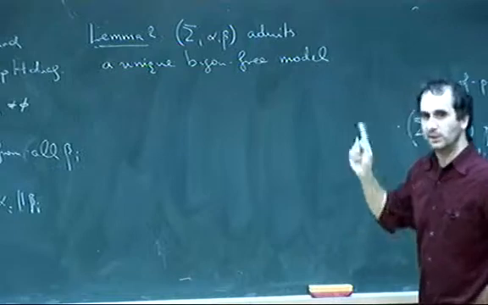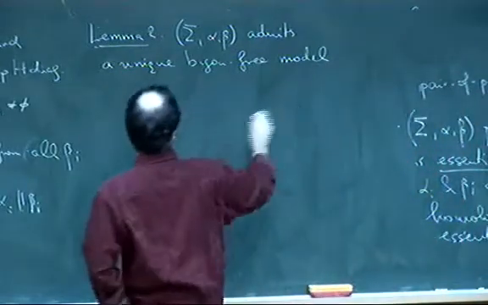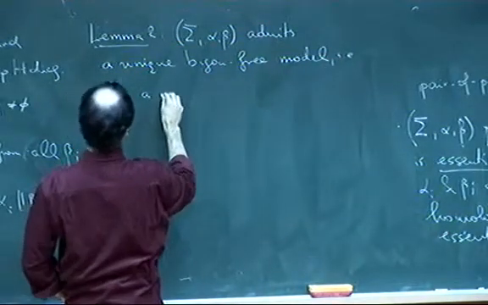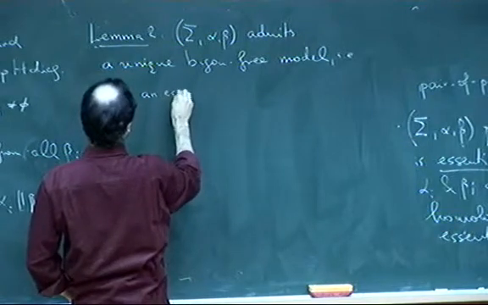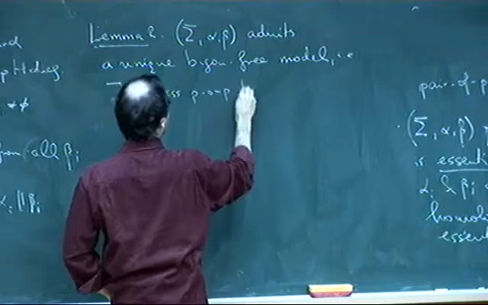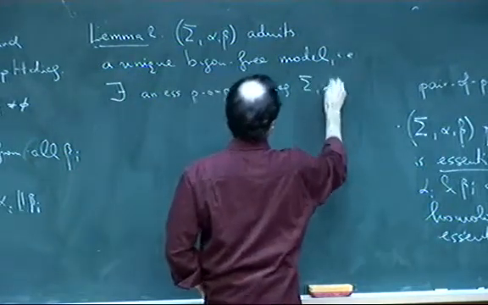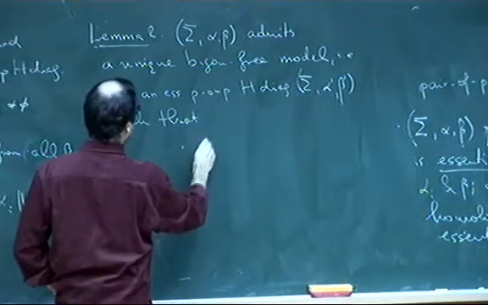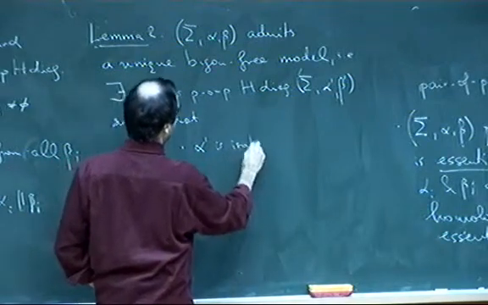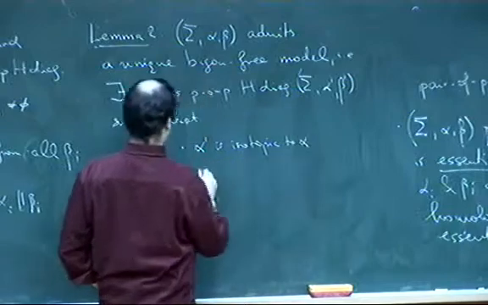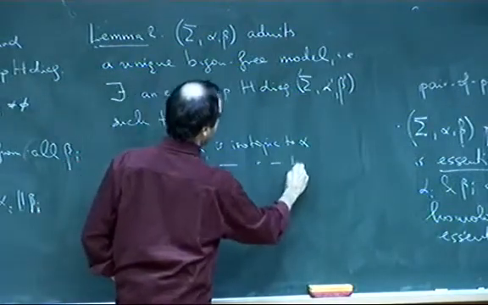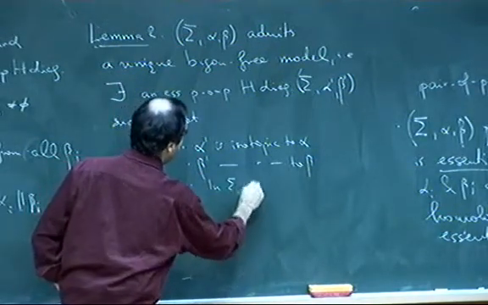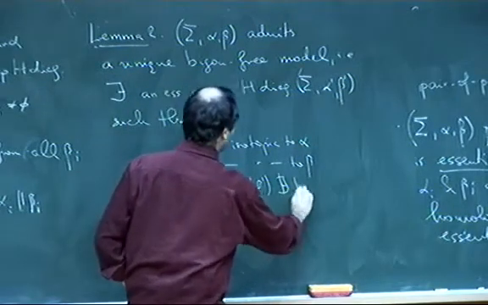I will not prove this, but let me explain it a little better, i.e. there is an essential pair of pants decomposition Heegaard diagram (Σ, α', β'), such that α' is isotopic to α, β' is isotopic to β, and in (Σ, α', β') there are no bigons.